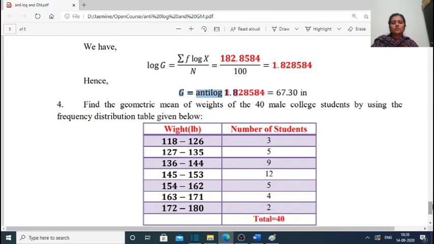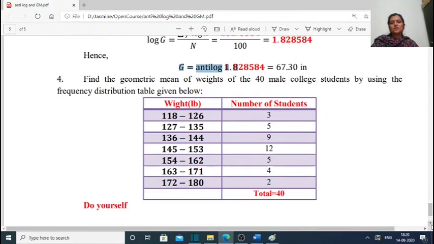Next, you have to do one problem. Find the geometric mean of weight of the 40 male college students by using the frequency distribution given below. So weight is 118 to 126. In x, you have to take the average value of these two, 118 plus 126 by 2.